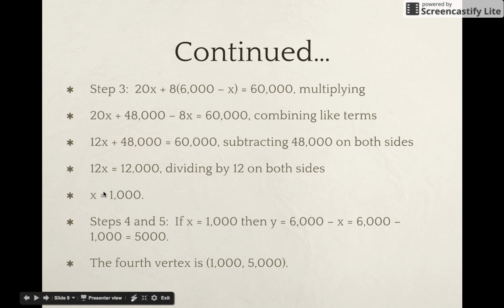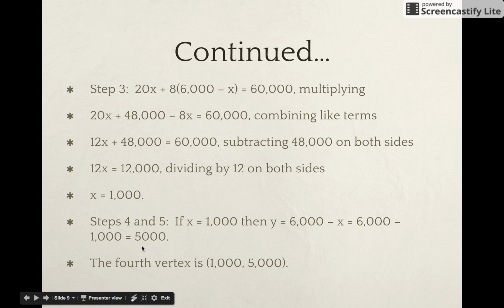When we do that, we end up with the solution x equals 1,000. So this vertex represents 1,000 containers of water, since x is representing containers of water. We just need to find the y value that goes along with it. To find that y value, we'll plug 1,000 into our equation y equals 6,000 minus x.